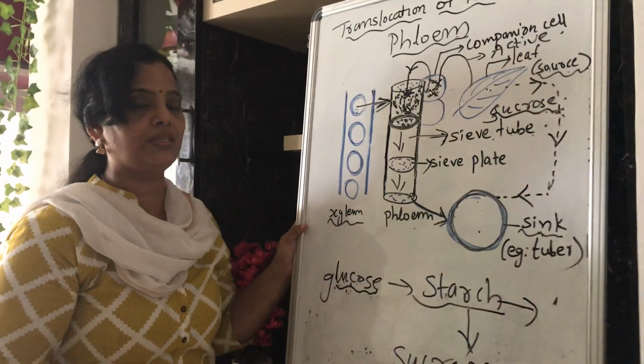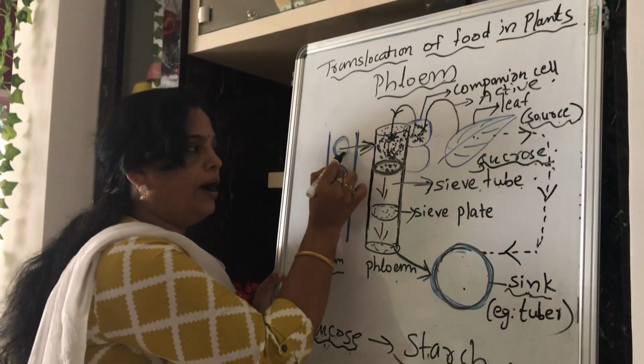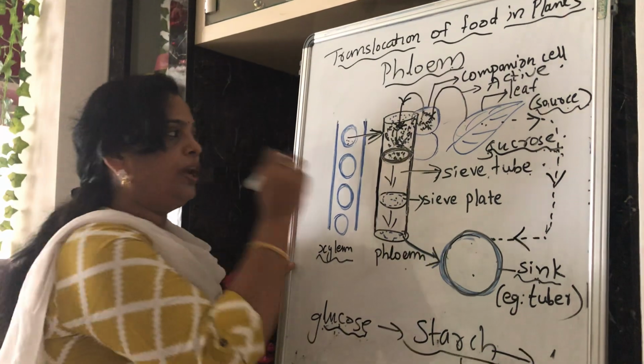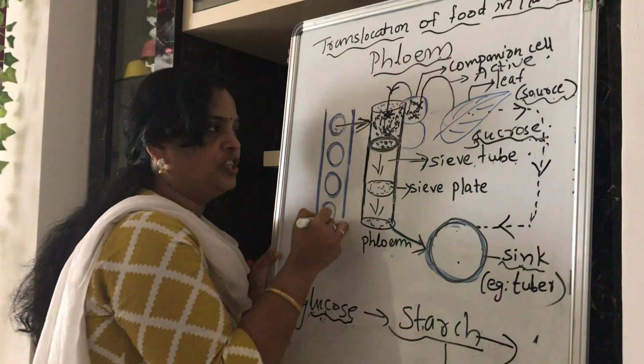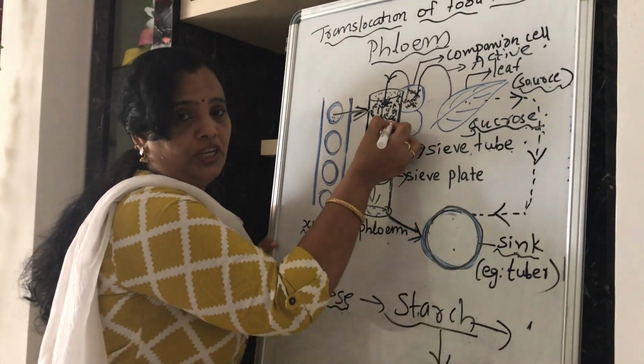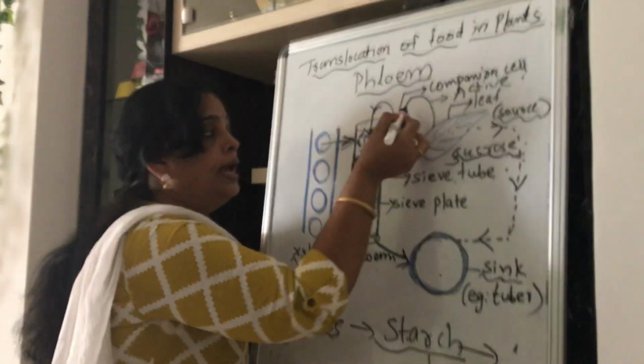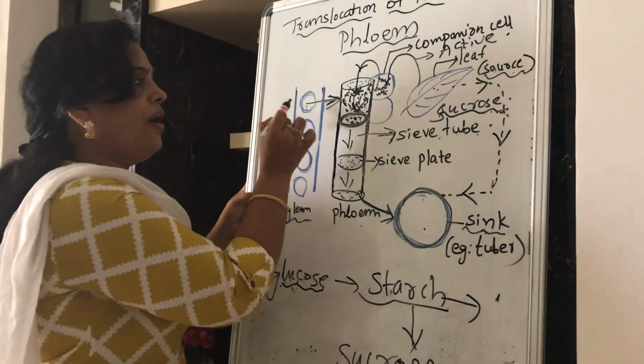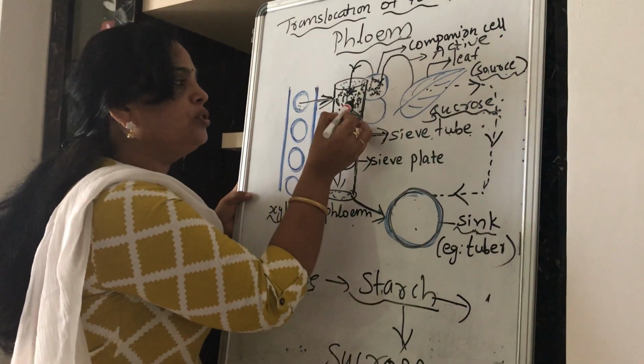Again osmosis is taking place. It will move from xylem to the phloem. Why is it moving? Because you have high water potential there, low water potential here. Why low water potential? Here the sucrose is more, not the solvent, not the water.